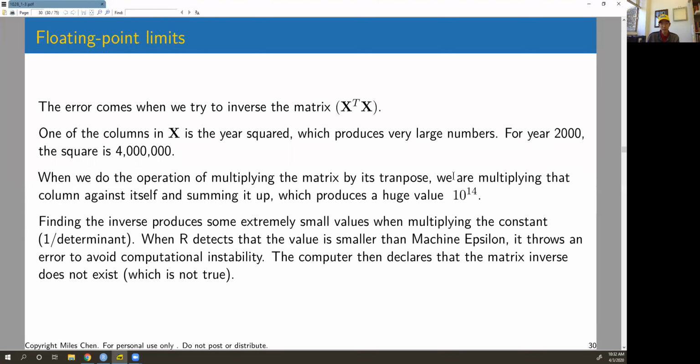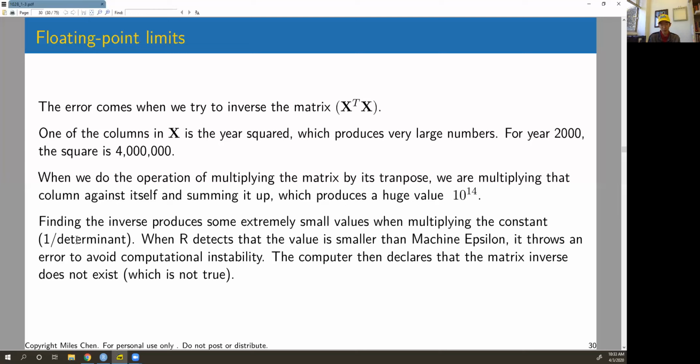We're getting huge values on the order of 10 to the 14, and when you try to take the inverse, which involves multiplying by a constant, 1 over the determinant, that value is going to be smaller than the computer's machine epsilon. 2 to the negative 52 is on the order of 10 to the negative 16. We run into limitations of the computer's ability to compute these values.